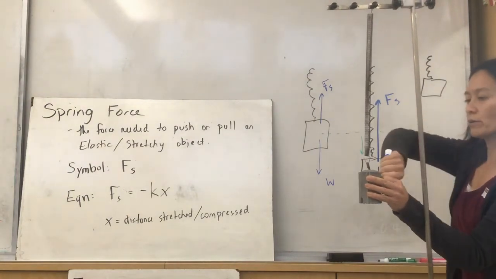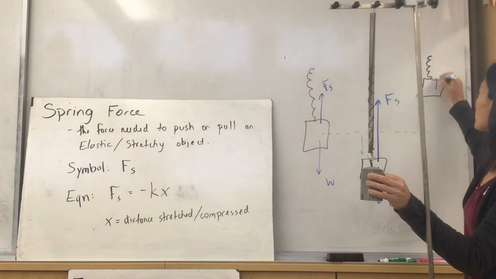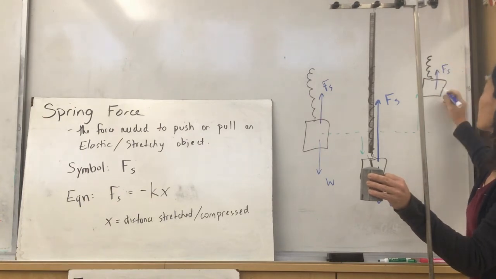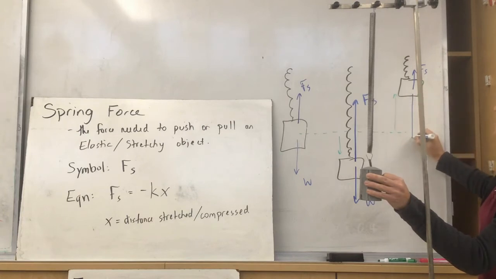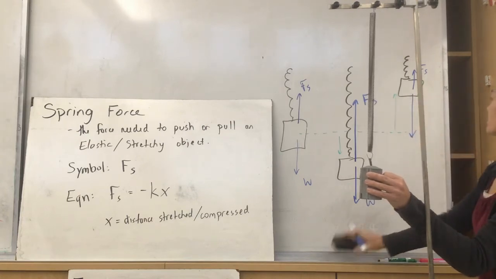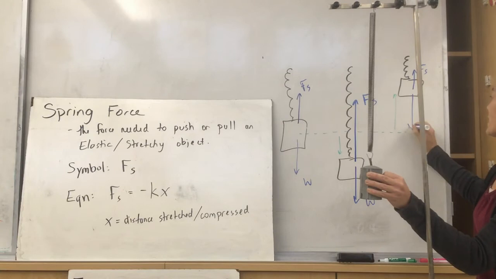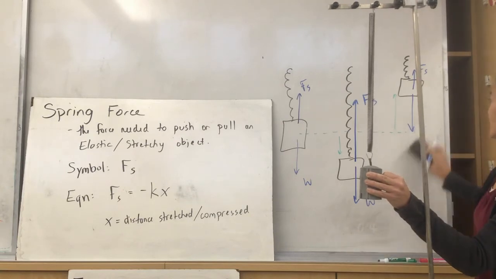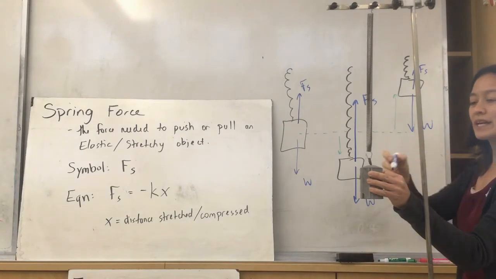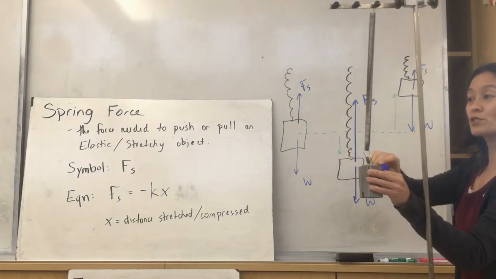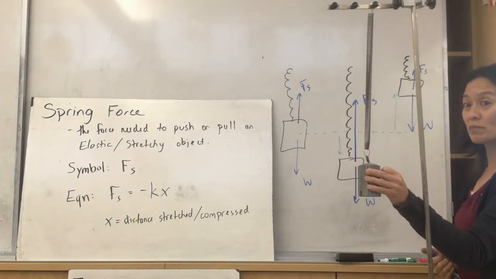So now my spring force is small, but my weight hasn't changed. My weight is the same size. So when it gets to this point, my spring force is small and my weight is bigger than my spring force.